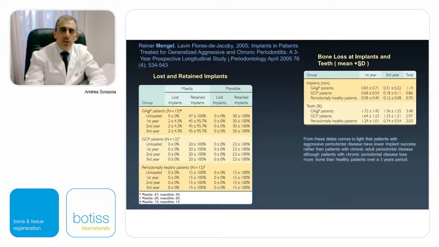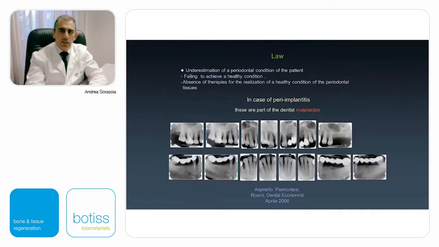We can clearly see here in the graphic complications and bone loss over a 3-year time window. It was more severe in patients affected by generalized aggressive periodontitis compared to patients with chronic disease and healthy ones.